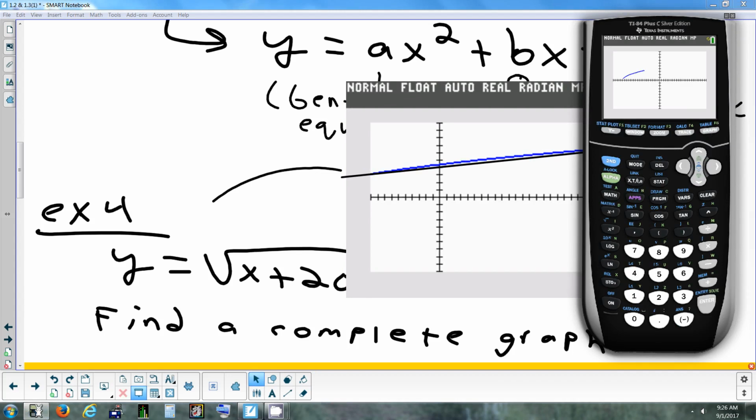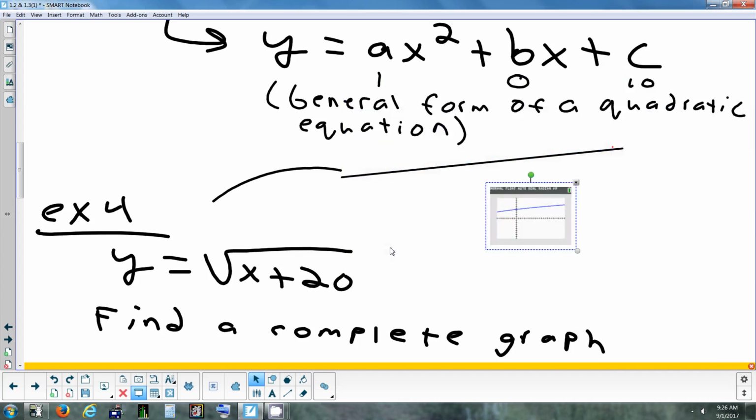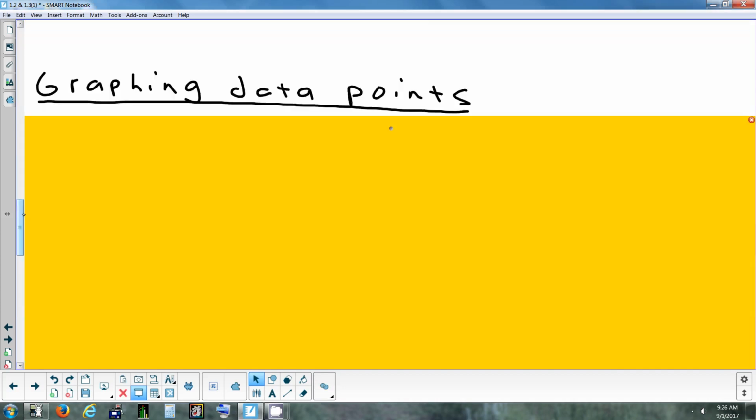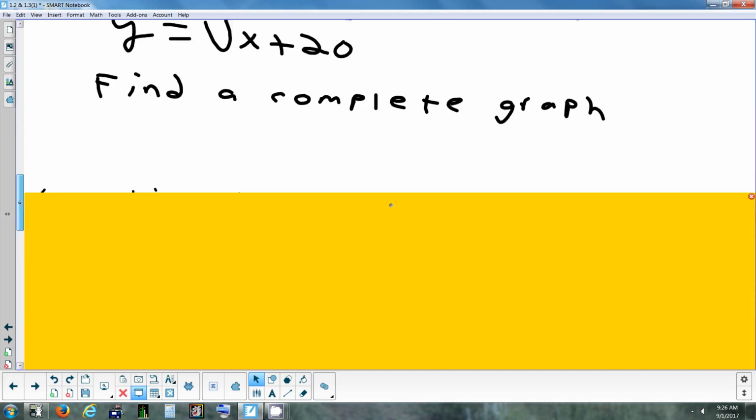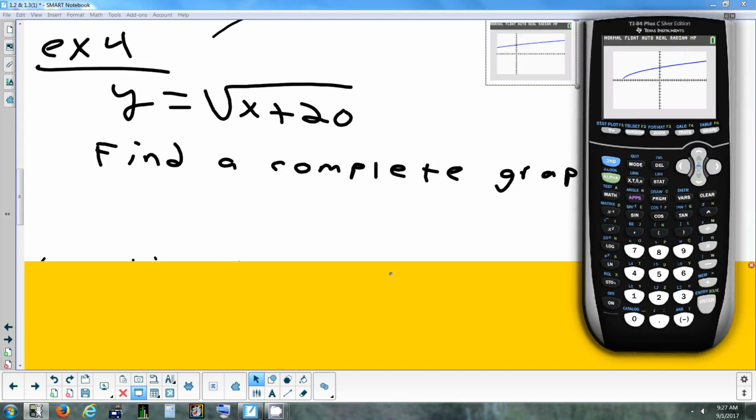The graph is starting at negative 20 and curving to the right. Okay, so that's a good complete graph. So I would just copy down my 4 values: x min, x max, y min, y max.